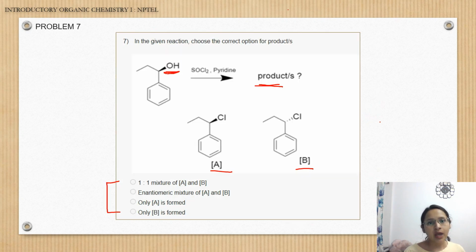So that is why if you have an alcohol which has above-the-plane stereochemistry, then the product which is getting formed exclusively is the product where the stereochemistry of the nucleophile, here Cl minus, should be below the plane, right? Because the attack of the nucleophile is happening from the backside of the leaving group. So the inversion in the stereochemistry should be there. So that is why the fourth option will be the correct one, that is only B. B is the only product which is getting formed in the reaction.